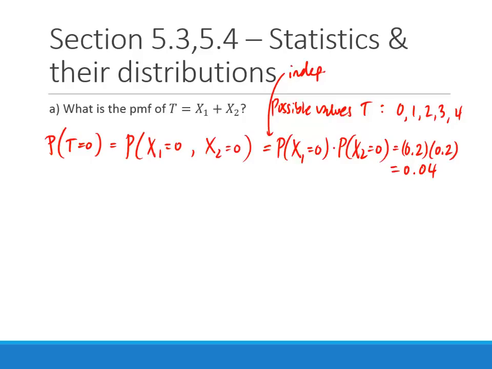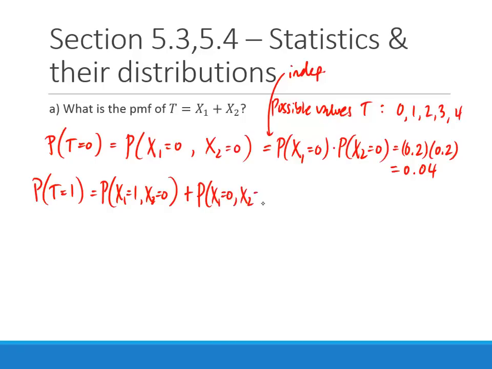Okay. So what about the probability that their sum equals 1? Well, for the sum to be equal to 1, I either need the first one to be 0 and the second one to be 1, or vice versa. The first one to be 1 and the second one 0. So it's the probability that x1 equals 1 and x2 equals 0, or so I can add the probability that x1 equals 0 and x2 equals 1.